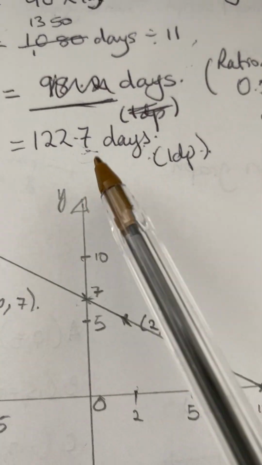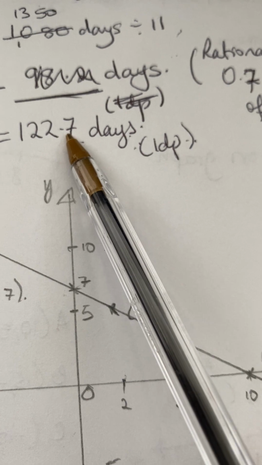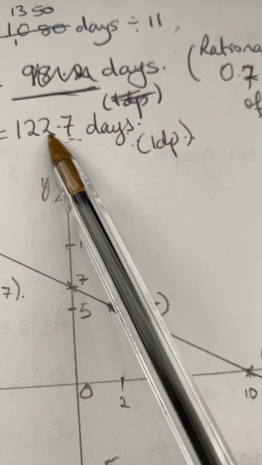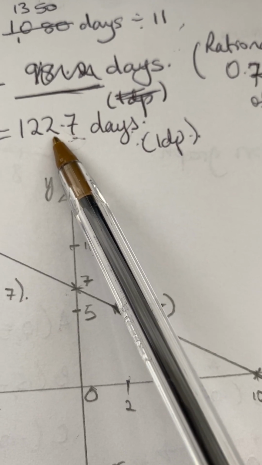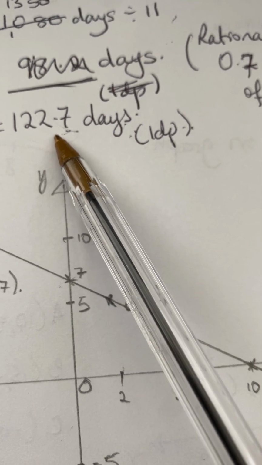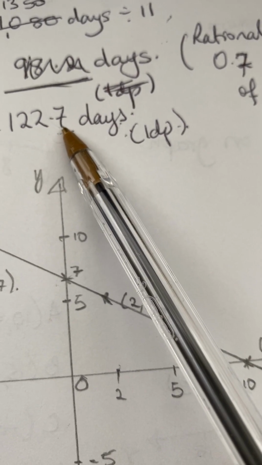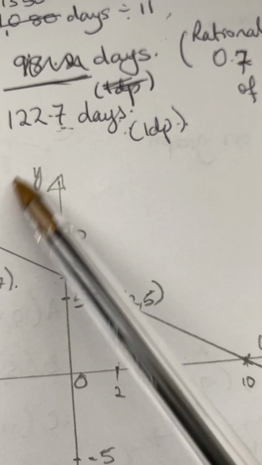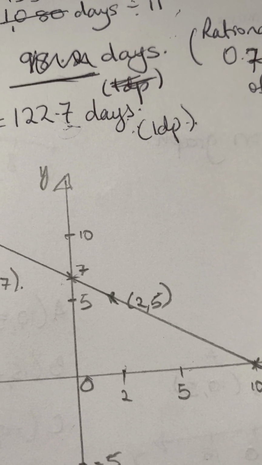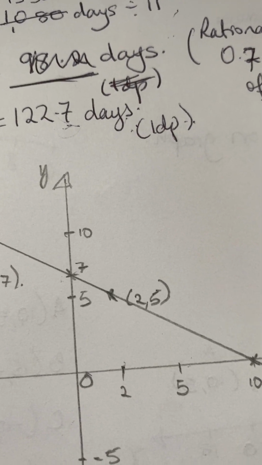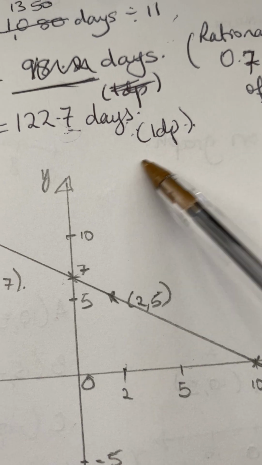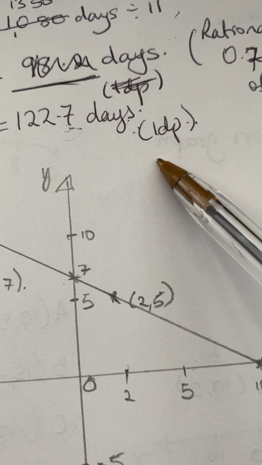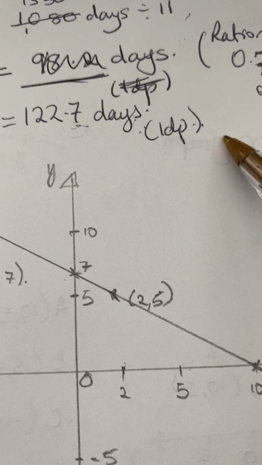So they will do 122 days, and on the 123rd day, it won't be a full day, which we can easily calculate in how many hours. So we can leave our answer here as 1 decimal place.